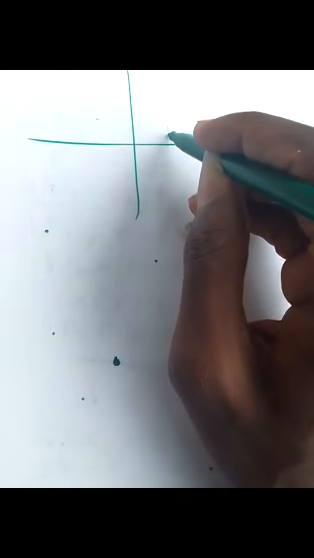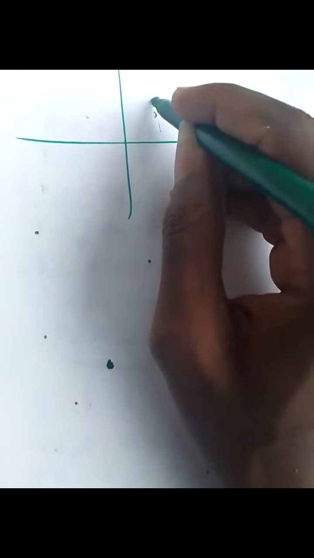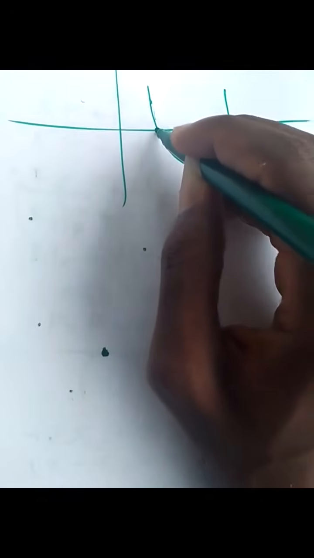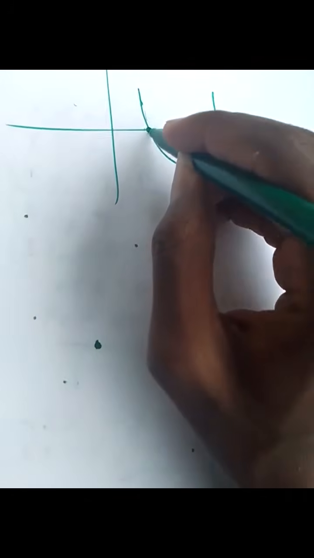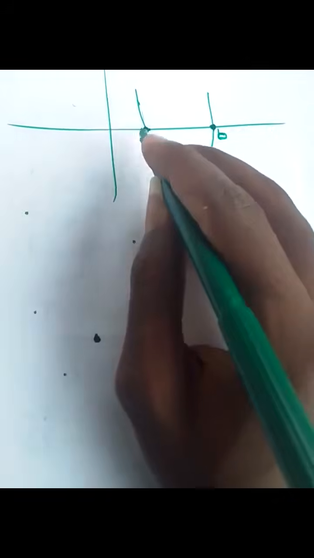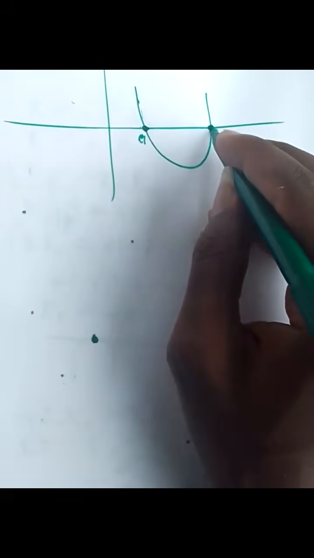For it to cut the axis twice, it means it looks something like this. It passes here where it cuts the axis once, then comes back and cuts the axis a second time. If you find the roots, you'll have two distinct roots, where the first root is for this point and the other root for the other point.